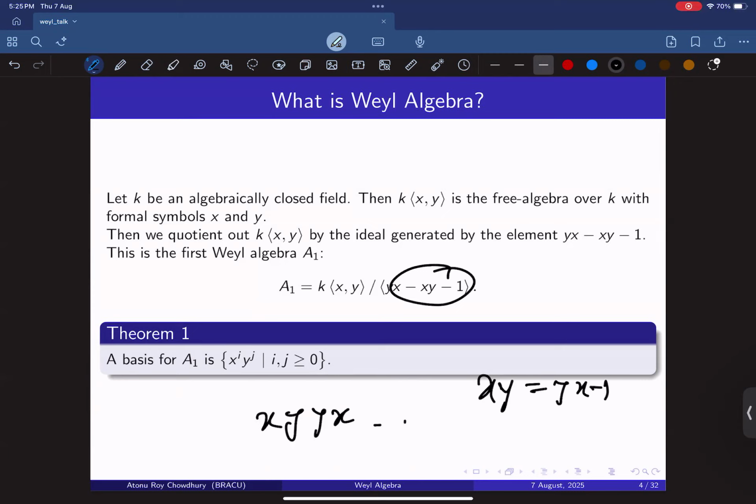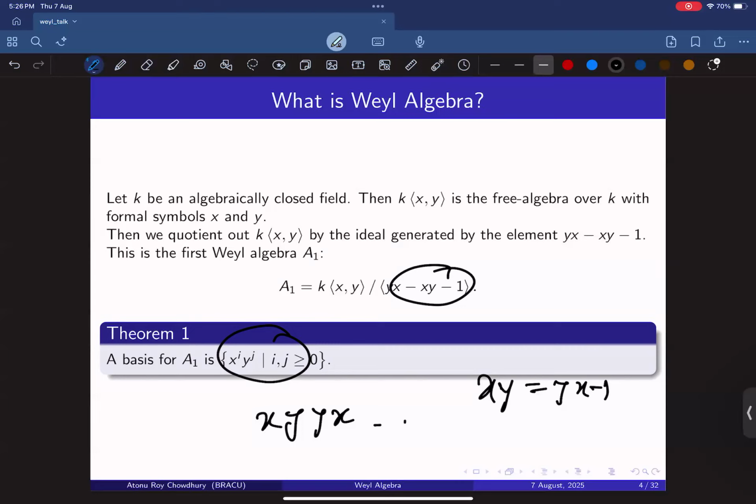Using this, we can move all the x's to the front and all the y's to the back. Therefore, this will form a basis for this algebra, the vector space basis. So that's the intuitive idea of why this should be the basis. I'm not going to prove the linear independence or that this spans the Weyl algebra, but it should be clear to everyone. Any questions so far?